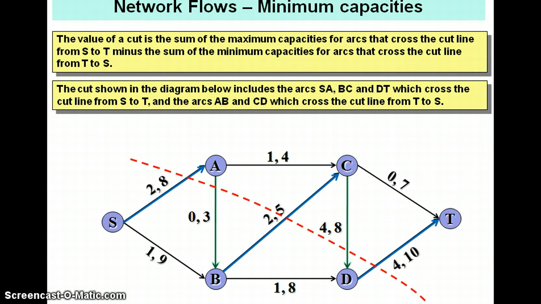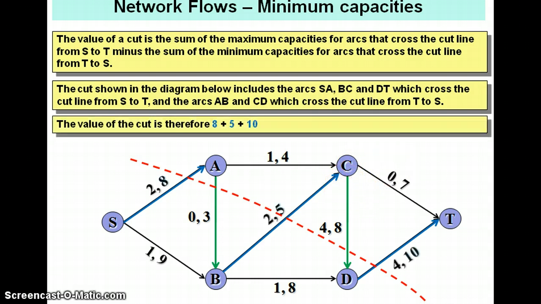You can see there the arcs flowing from source to sink and the arcs flowing from sink to source. So we've got our 8 plus 5 plus 10 going from source to sink and subtracting the minimum capacities on the two arcs that are flowing from sink to source. So the value of that cut is 19.